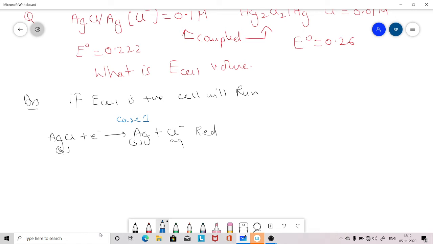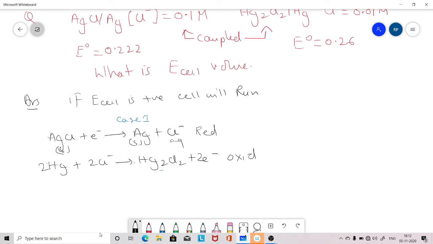So how can we write the calomel oxidation? 2Hg plus 2 chloride ions to give Hg2Cl2 plus 2 electrons. That is your oxidation. So that is your case 1.